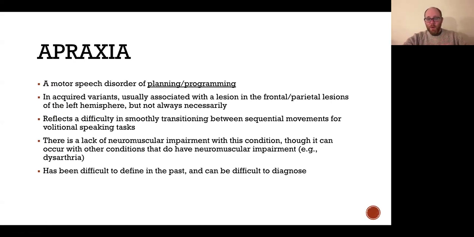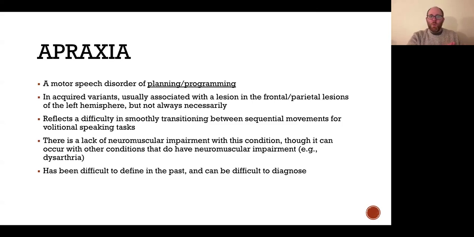It reflects a difficulty in smoothly transitioning between sequential movements for volitional speaking tasks. So we're not talking about producing just an individual phoneme. Some people may have that issue of transitioning from nothing to that phoneme, but it's more so the phonemes between or in a word.